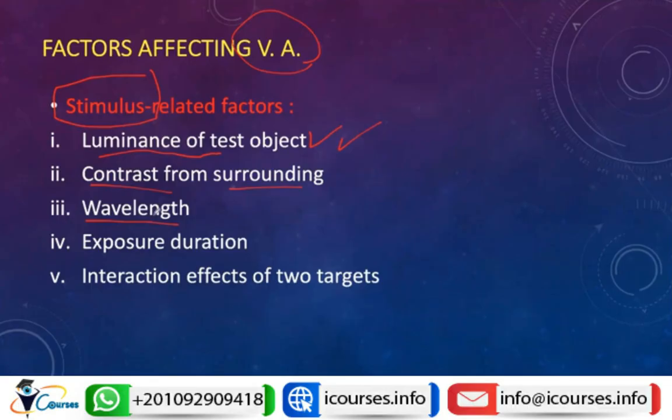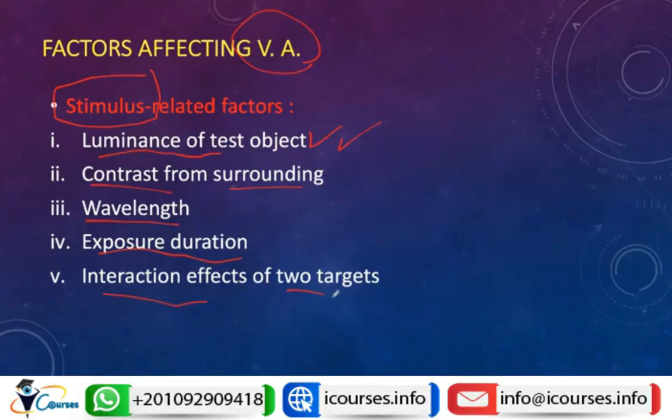So black and white will be the best option to detect the visual acuity. Exposure duration: it is logical that if the patient looks at the target for a longer duration, he will score better in visual acuity. If we present the chart for a very short duration, this can cause the patient's score to be lower.